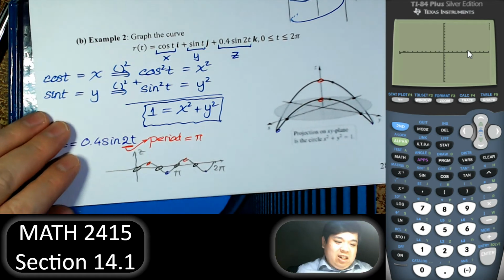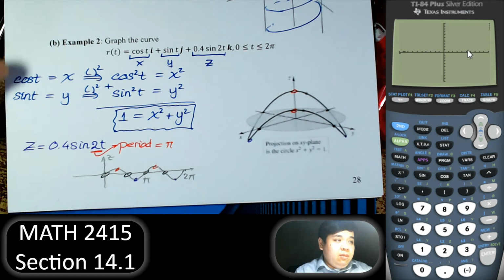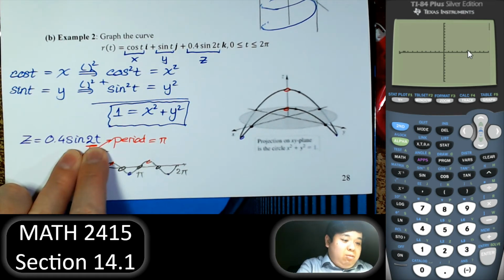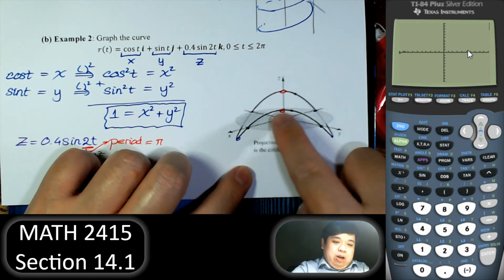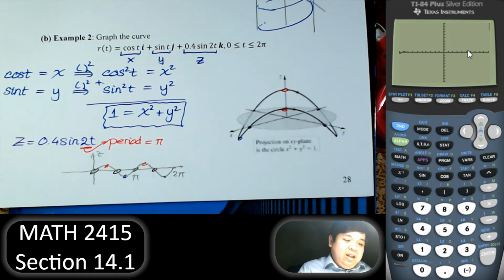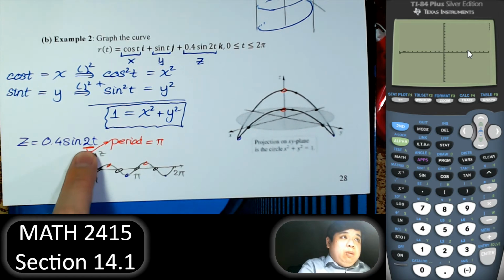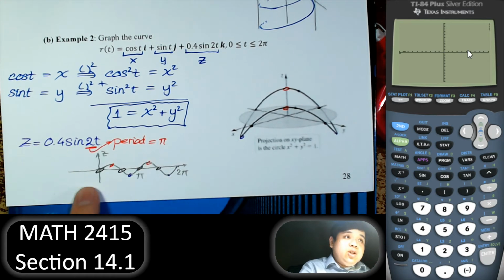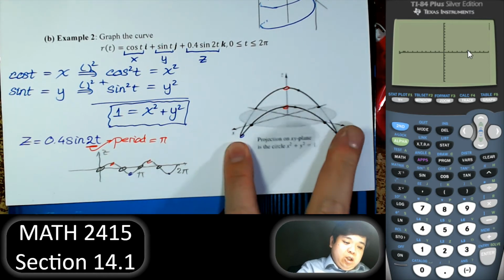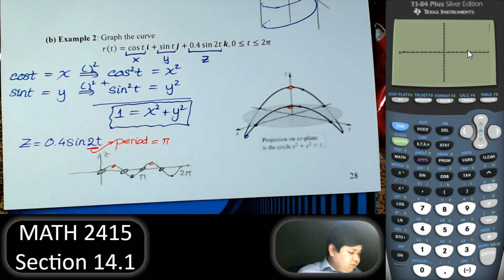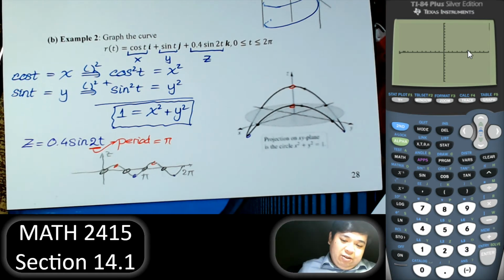If we use 4t instead of 2t, it will go up and down more, so there will be 4 maximum and 4 minimum. In that case, it will look different. In this case, because of the 2, the period is 2 pi divided by 2, which is pi. So the graph has 2 maximum, 2 minimum, and 4 zeros, and then back to the fifth. That's what we have.